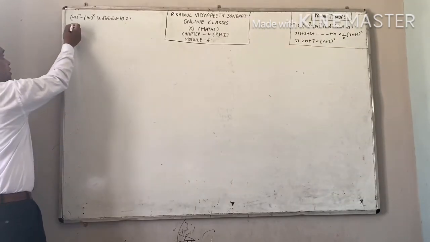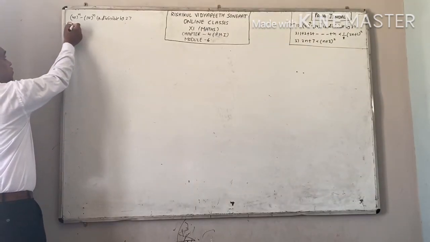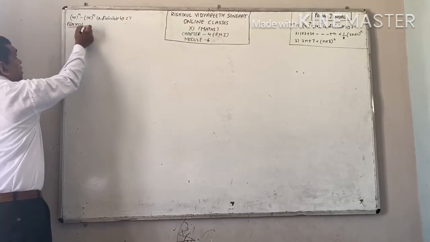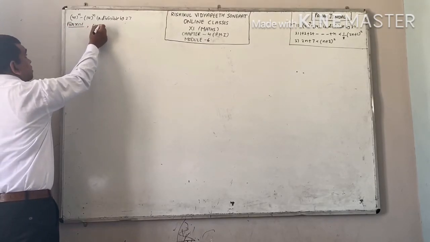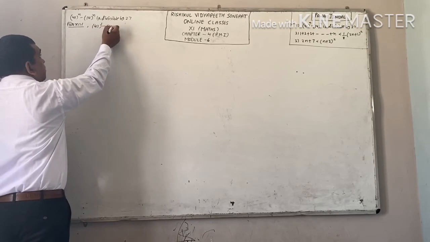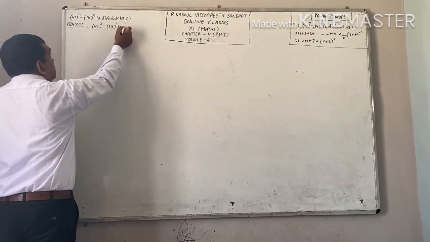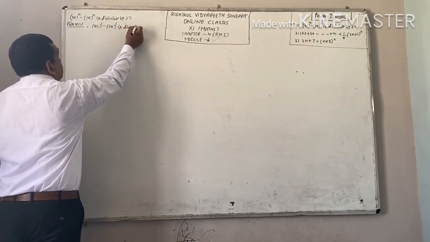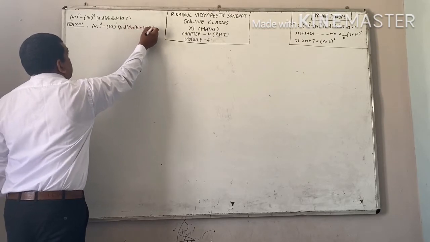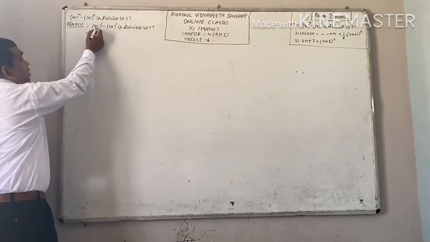First step you can do easily for n equal to 1. Now put n equal to 1. This is your 41 raised to power 1 minus 14 raised to power 1 is divisible by 27. This implies 41 minus 14.